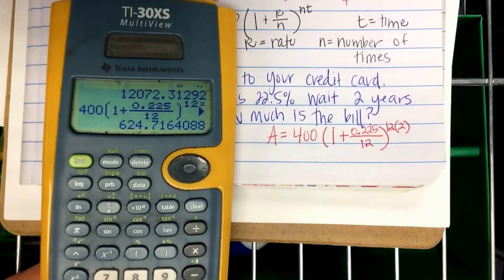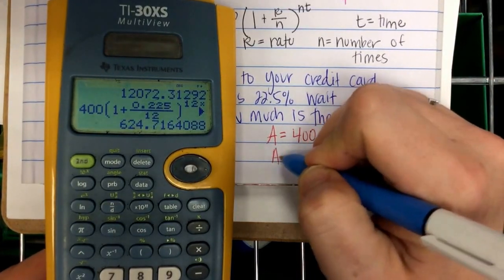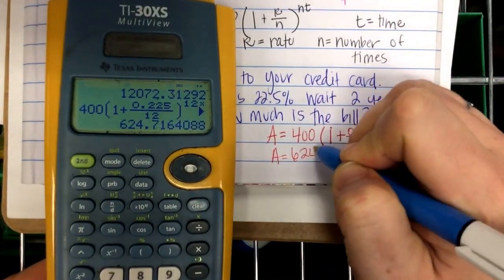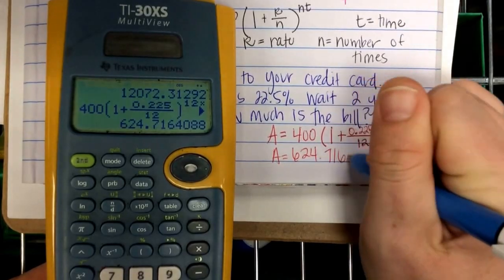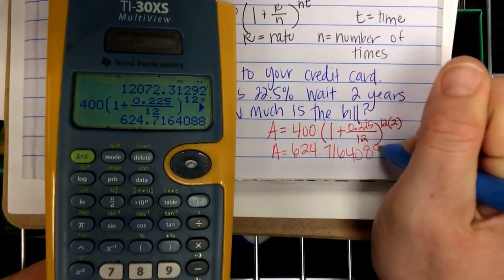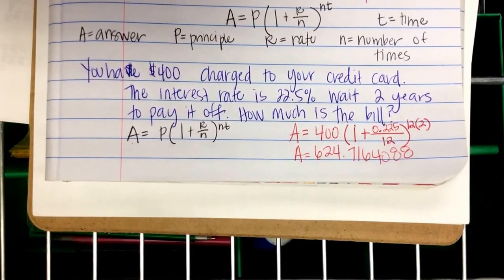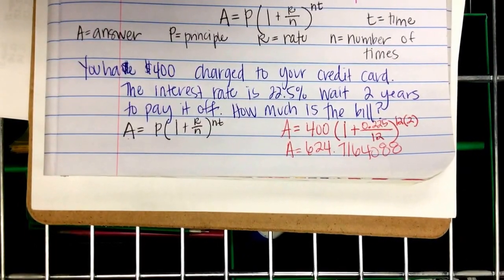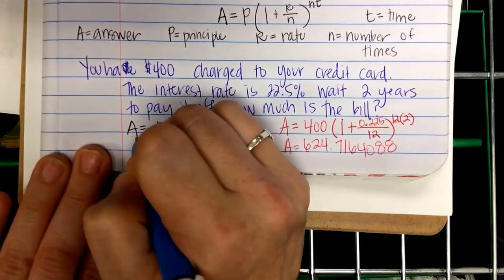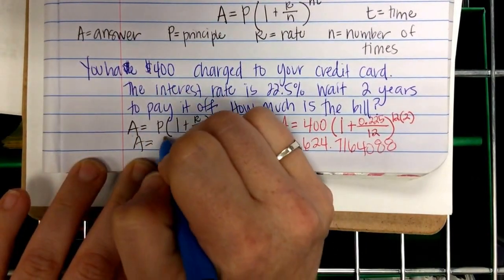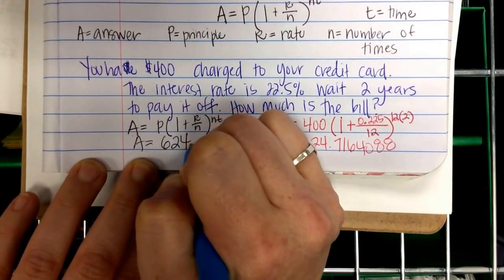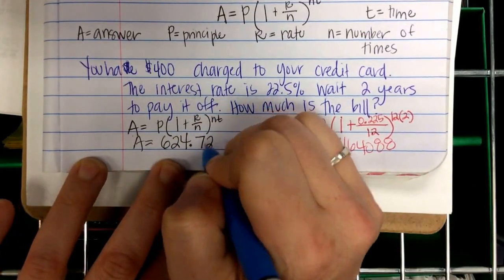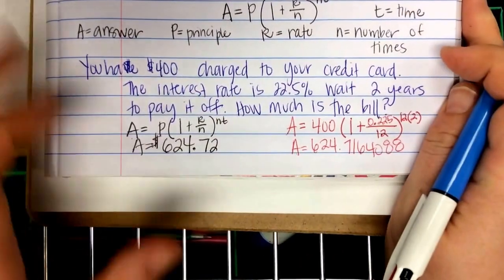If you just ignored it, how much would you pay? $624.72. Because of course, money is going to round up.